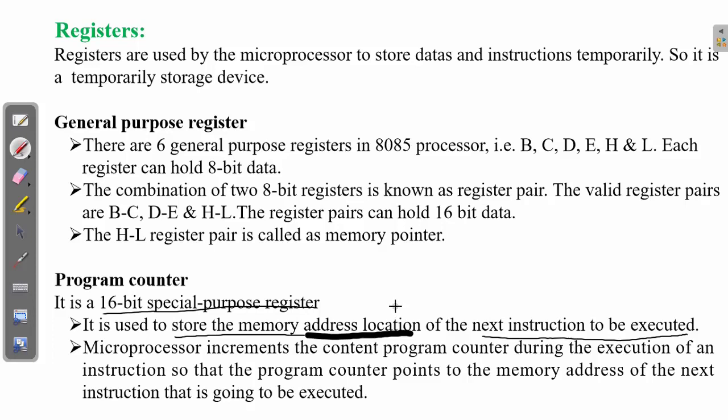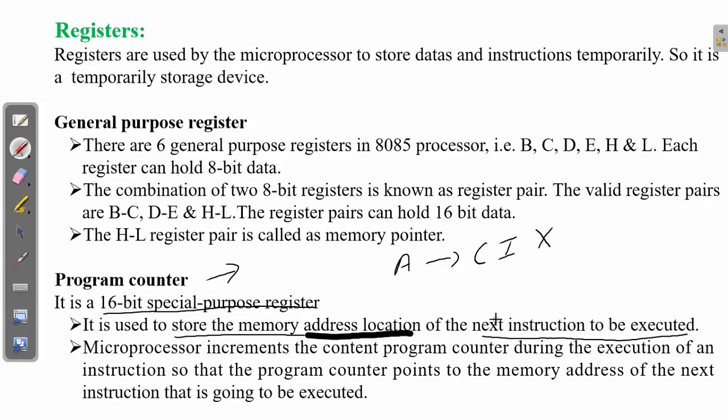What I have observed when I asked a few people to write down the definition of program counter is that they write it is holding the address of the current instruction. Please try to understand, this is not correct. This is a mistake which a few students are making.